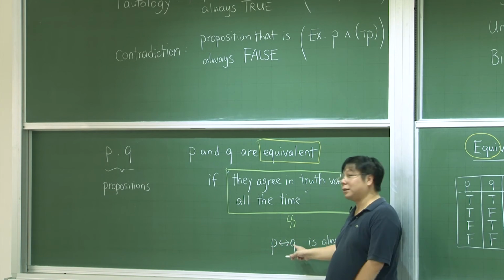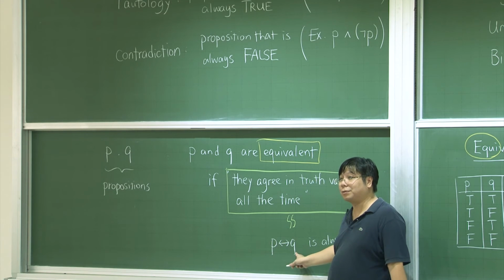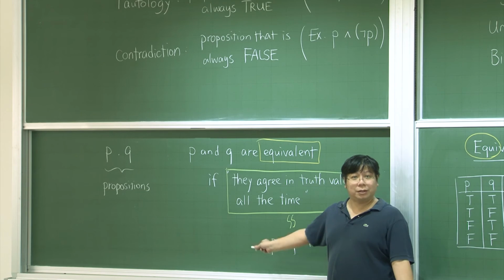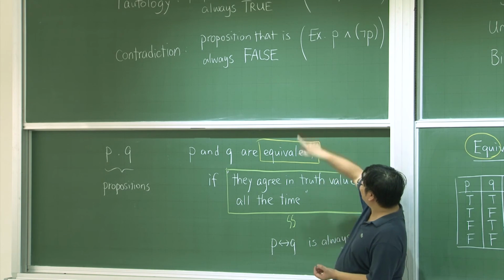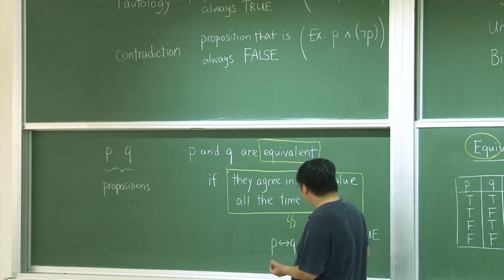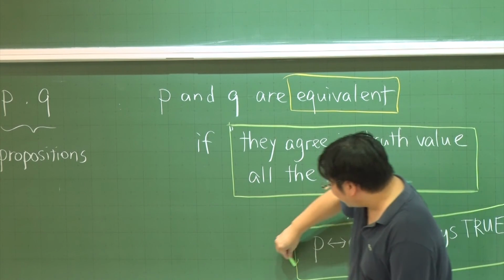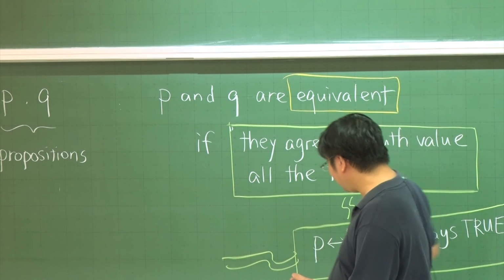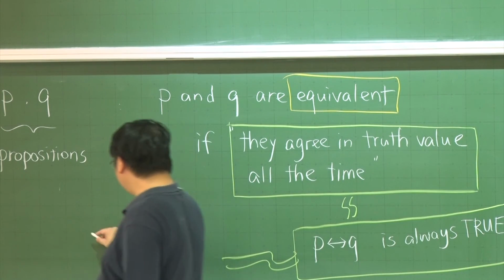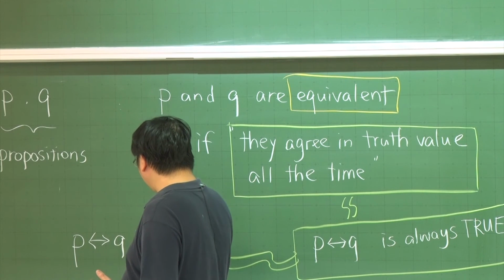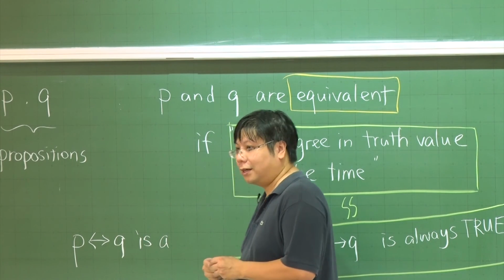When this is true, then this has to be true. When this is false, then it is false. So we need them to agree in the truth value all the time. And now we have learned a new word, tautology. So you can also say, in another way, that P if and only if Q is a tautology.